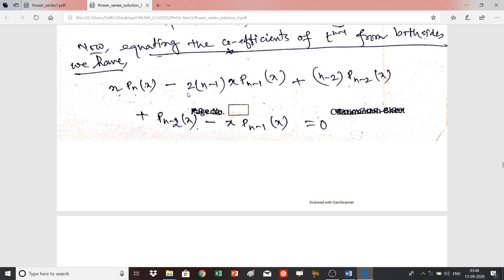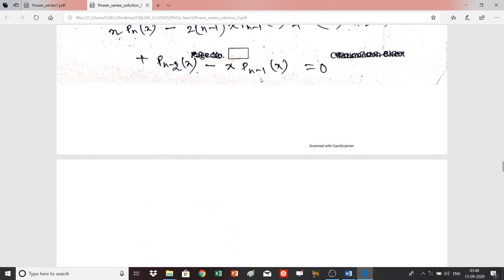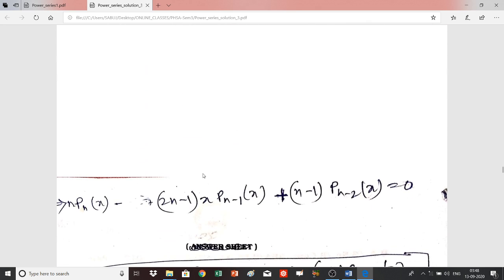So the negative sign is taken as common, then it is 2n minus 2, and from here you will have another plus 1. So if you combine these two terms, it will be 2n minus 1 x into pn minus 1. I have written here 2n minus 1 x into pn minus 1.